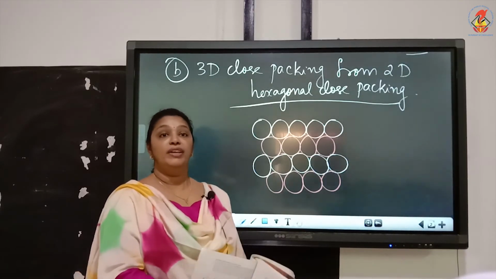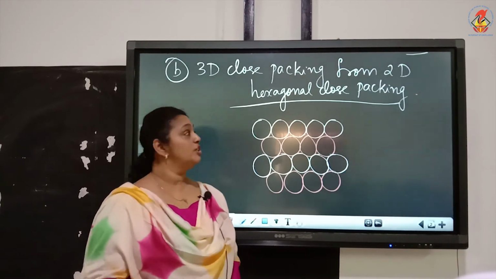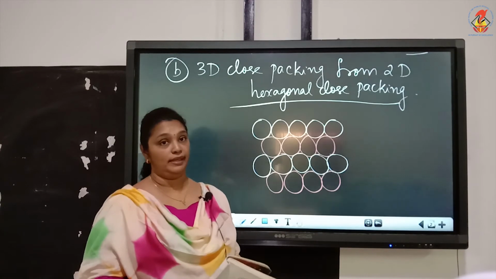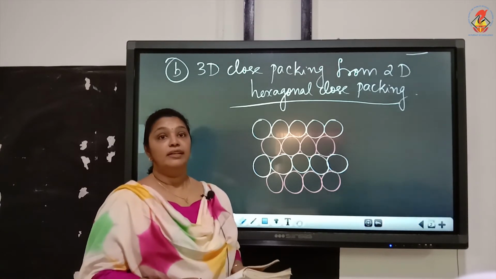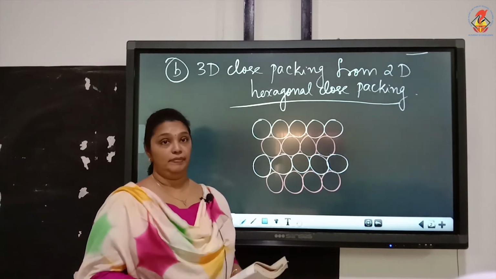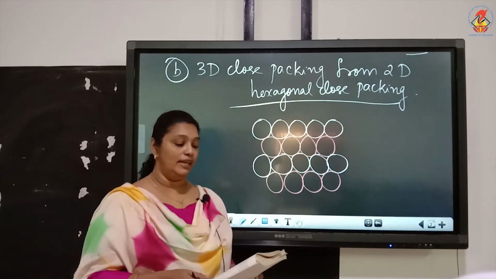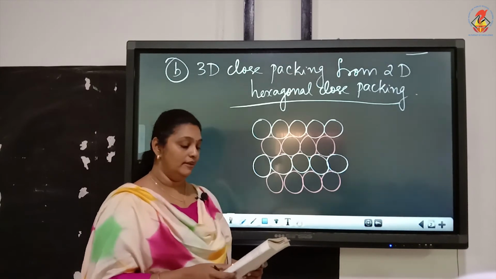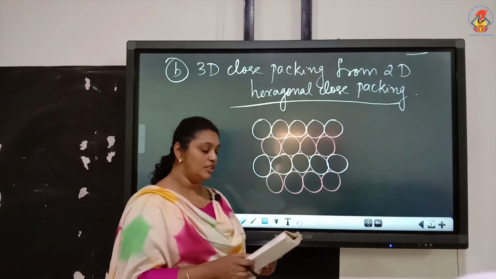Now we are going to discuss three-dimensional close packing from two-dimensional hexagonal close packing. Again, you can see that I am going to place the second layer on this layer.